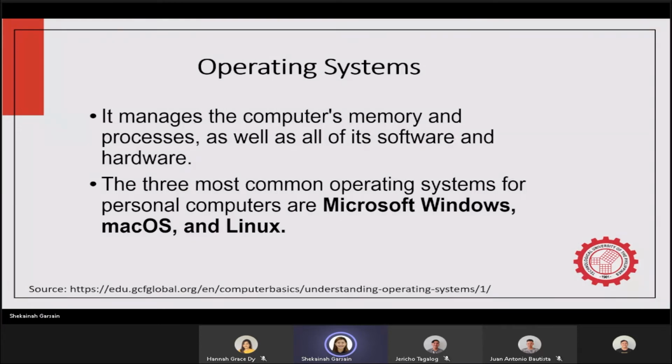So it allows you to interact between the hardware and the software that we have. So it also provides the common services for the computer programs, and it allows you to communicate with the computer without knowing how to speak the computer languages.